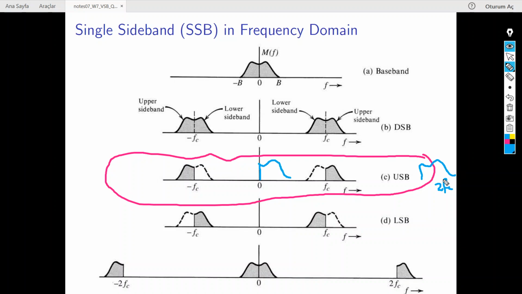One at 2fc, and one at the baseband. And when you multiply the other part again by the cosine 2 pi fc, you get another signal, one here and another one at minus 2fc here.